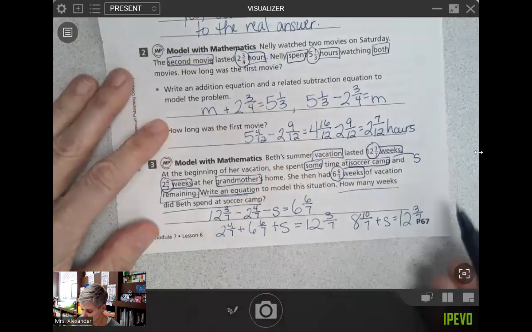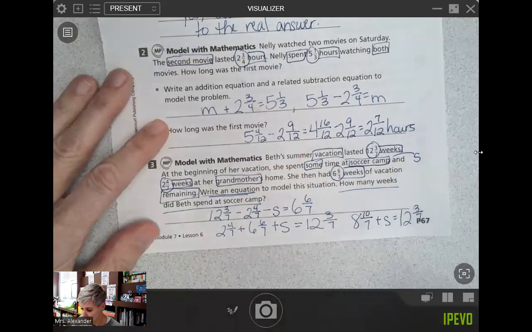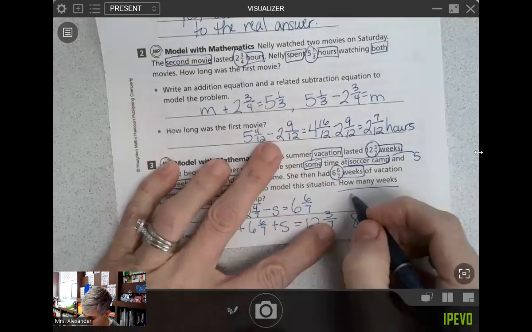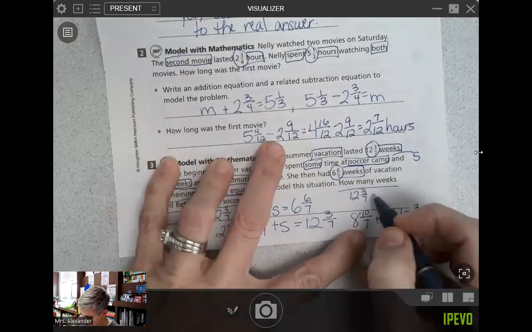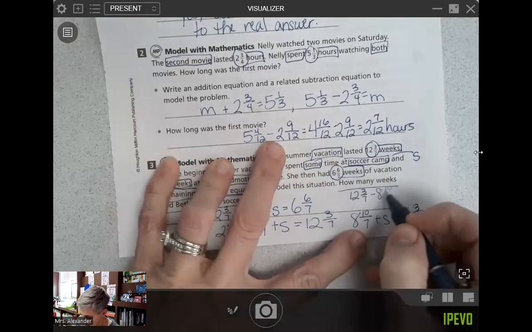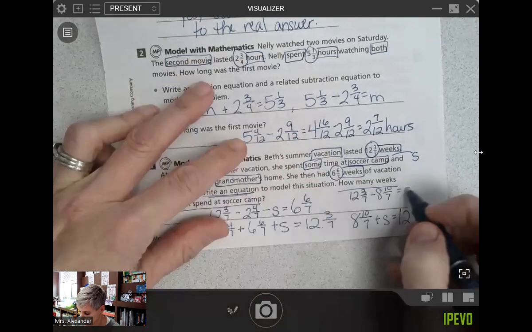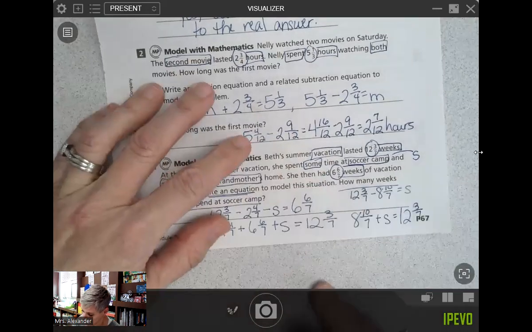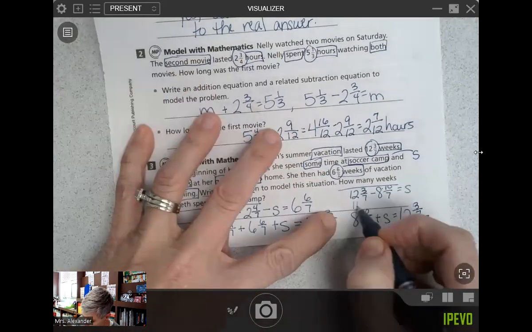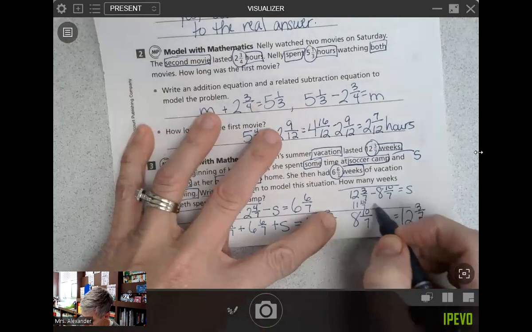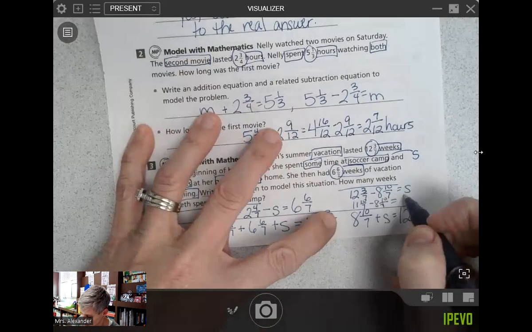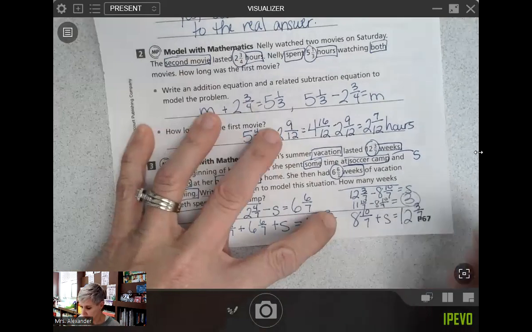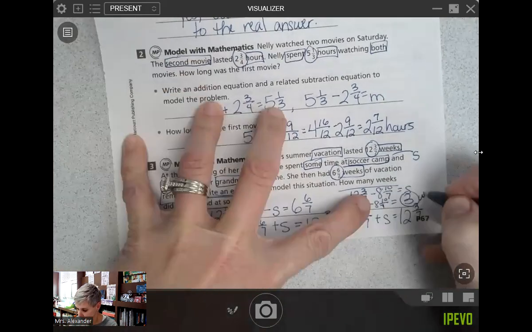So if we know 12 3/7 and we take away the 8 and 10/7, that's going to equal our soccer camp. 11 and 10/7 minus 8 and 10/7 equals 3. That's going to be our answer. She had 3 weeks at soccer camp.